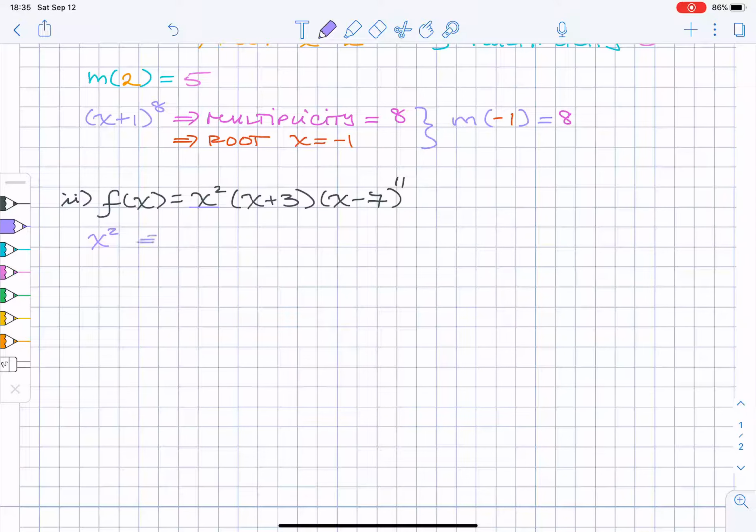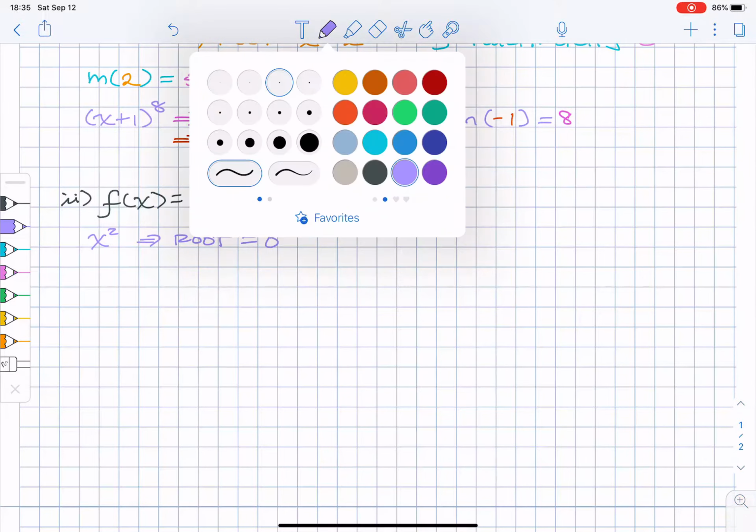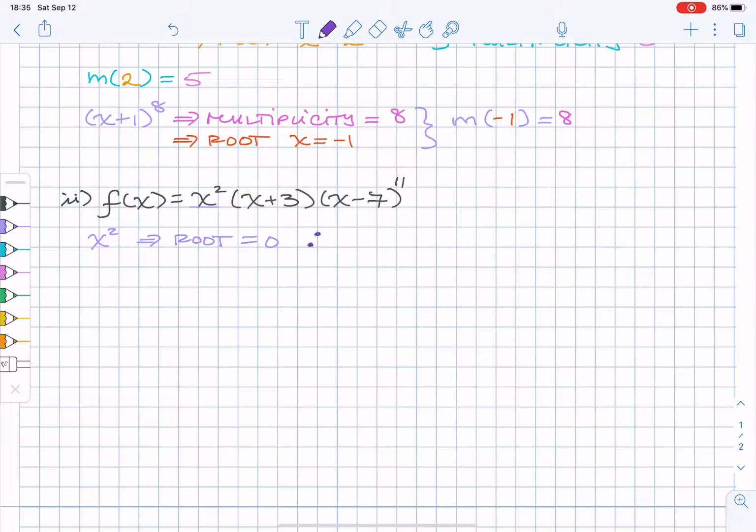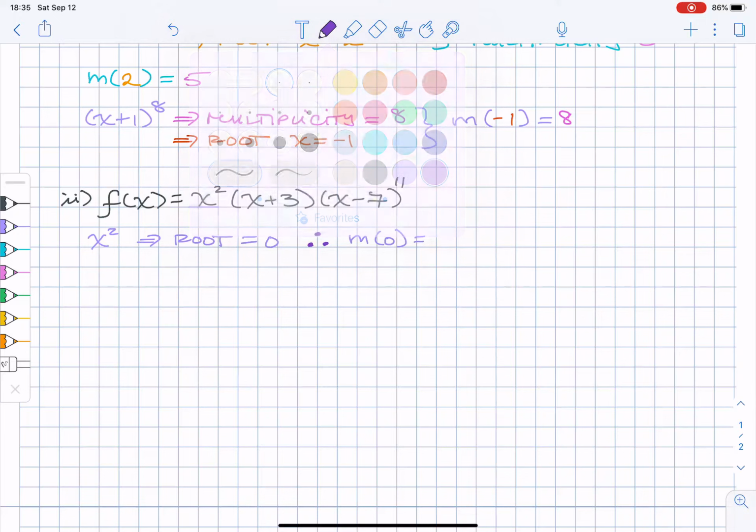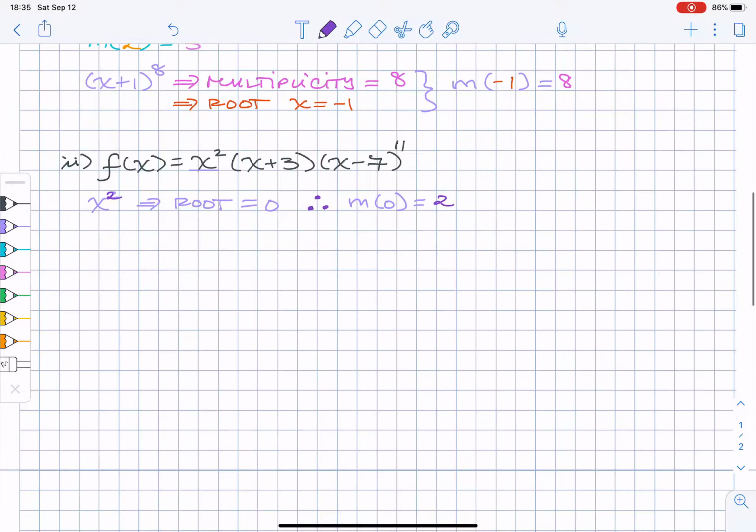So this implies the root, what makes x 0, is 0, and the multiplicity. So therefore, the multiplicity of 0, meaning the power on 0, is, what is the power on 0 here? It's 2. That's the multiplicity of the root 0.